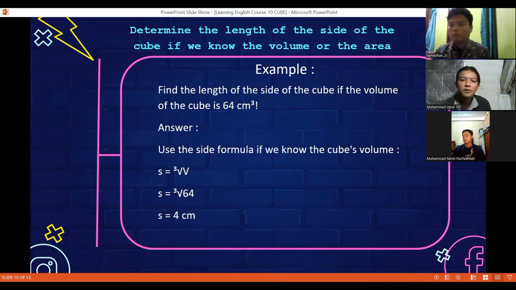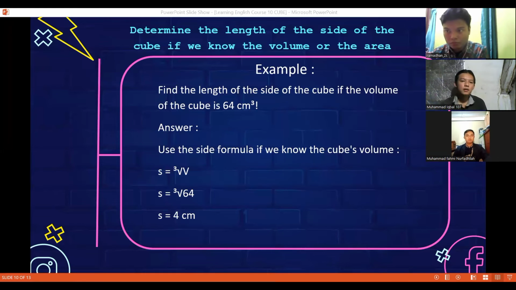So I have one example about how to find the length of the side of the cube if we know the volume of the cube. In the question, we know that the cube has a volume of 64 cubic centimeters.